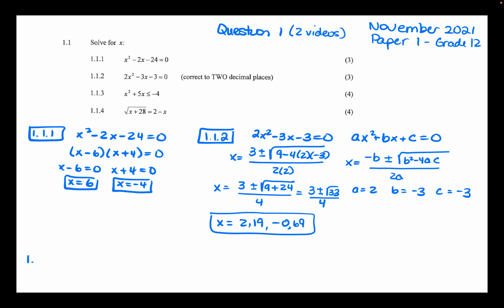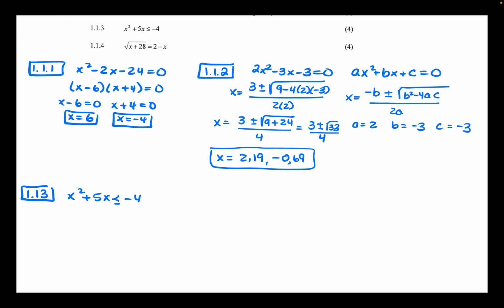Okay, 1.1.3 is a quadratic inequality, which is closely related to a quadratic equation. I first set it equal to 0. Still less than. I add the 4 to both sides.